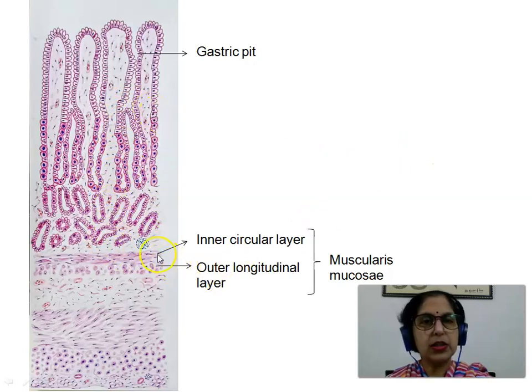We also see the muscularis mucosae, the two layers of smooth muscle cells arranged as inner circular and outer longitudinal layer. So this is the mucosa of the stomach fundus, showing lining epithelium, lamina propria and the gastric glands and the muscularis mucosae.